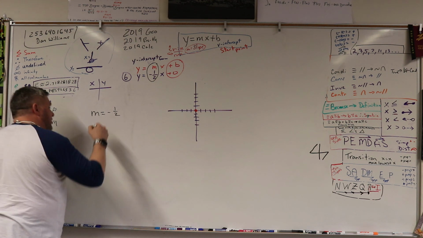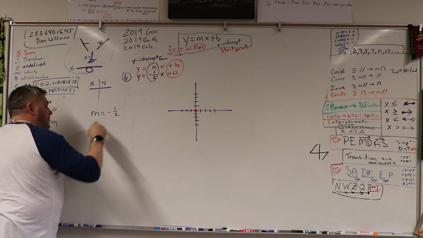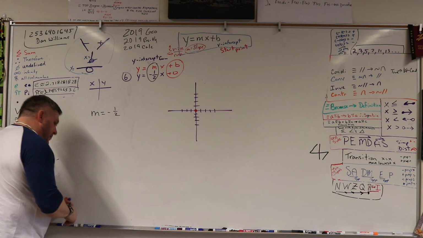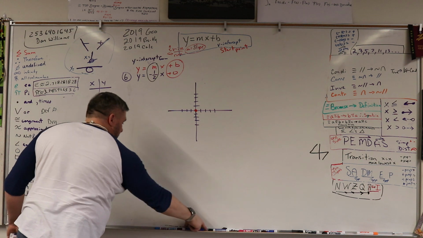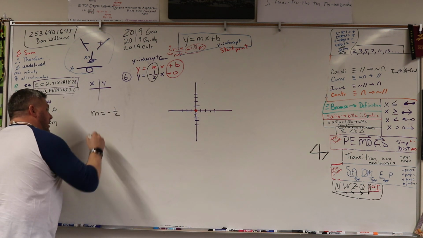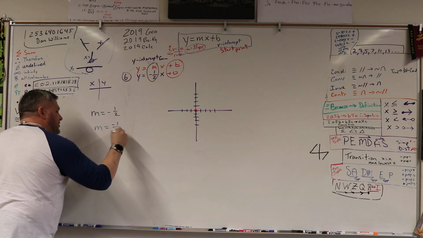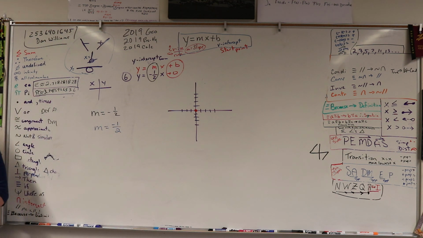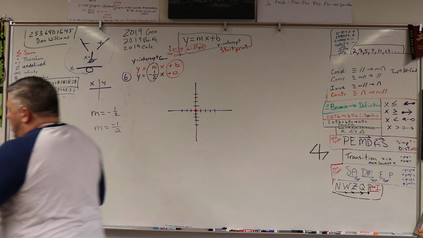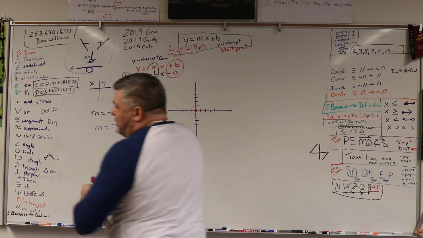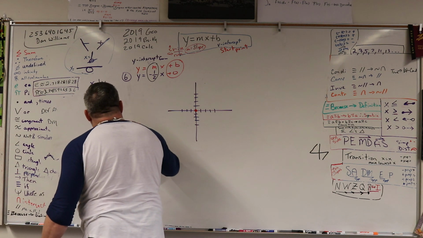So you can have m equals -1/2. So Malia, when it's -1, that is my rise.